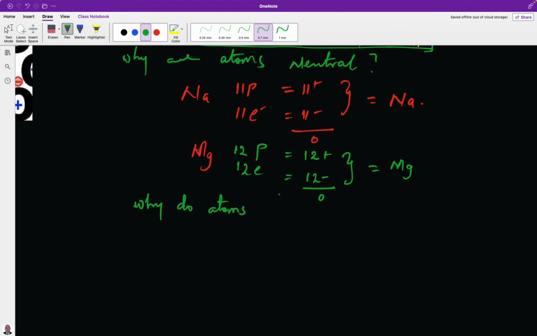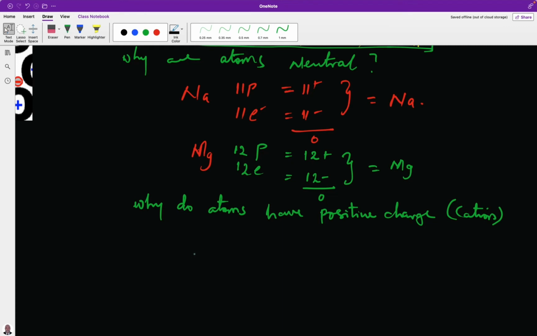Why do atoms have a positive charge? Why do they form cations?